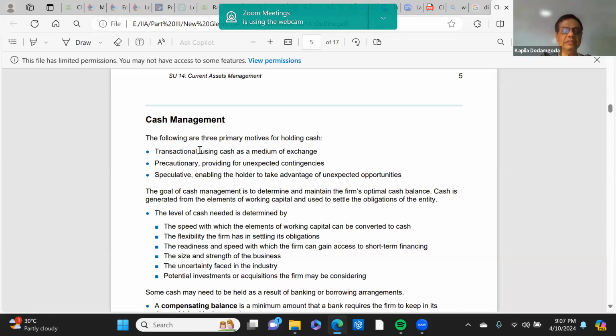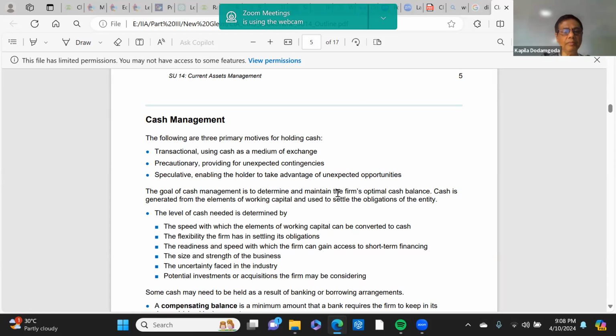So there is a transaction requirement and a precaution requirement, which covers unexpected commitments. But the speculative requirement of cash management is that sometimes you may see an unexpected opportunity, and to make use of that, you may need to have cash. That is speculative. So to meet transactions, to manage an unexpected contingency, or to make use of an opportunity, we may hold cash. These are the different purposes, the motives of holding cash.